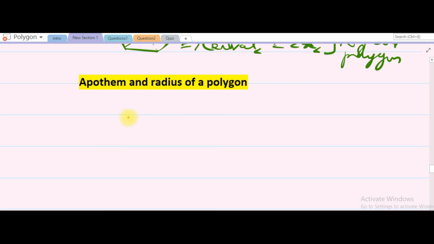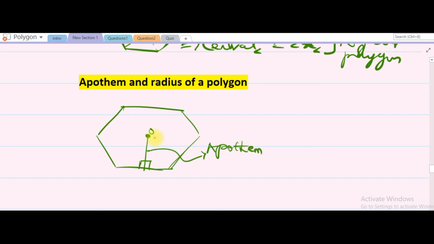So if you have a polygon, the apothem is the perpendicular distance. So this distance from the center to any side is called the apothem.